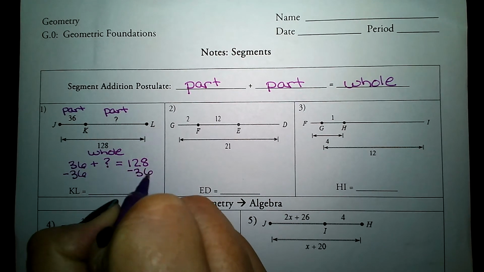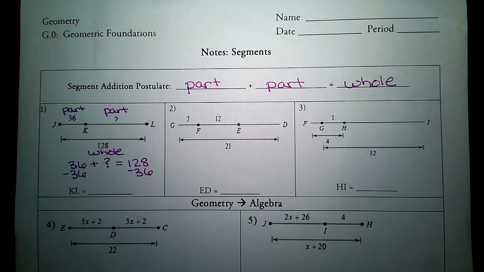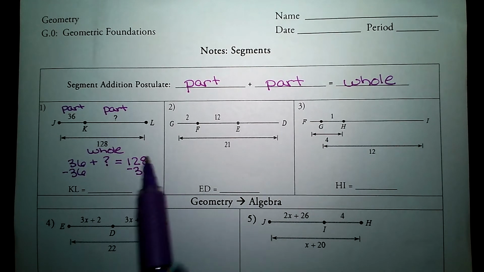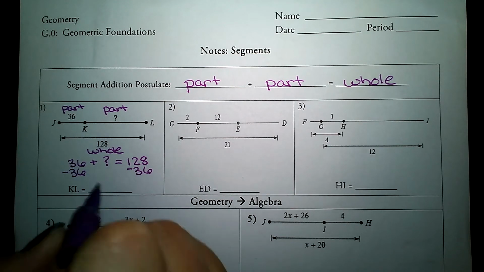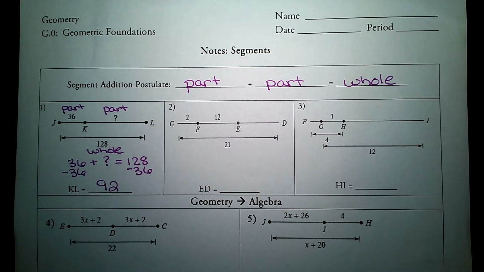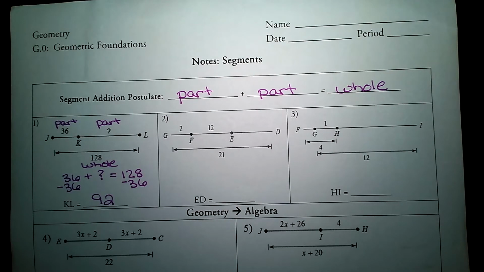So here I'm just showing my work, but you probably already know how to do this. So 128, take away this part of 36 would leave us with 92. Maybe that's 92 inches or 92 centimeters or 92 millimeters or 92 miles. I don't know. We don't have any units here.